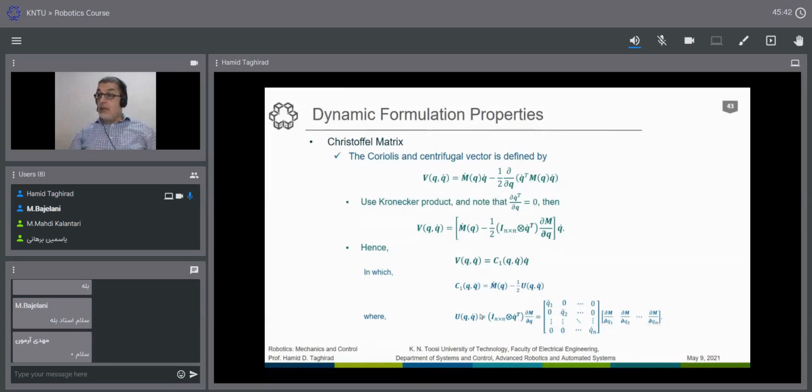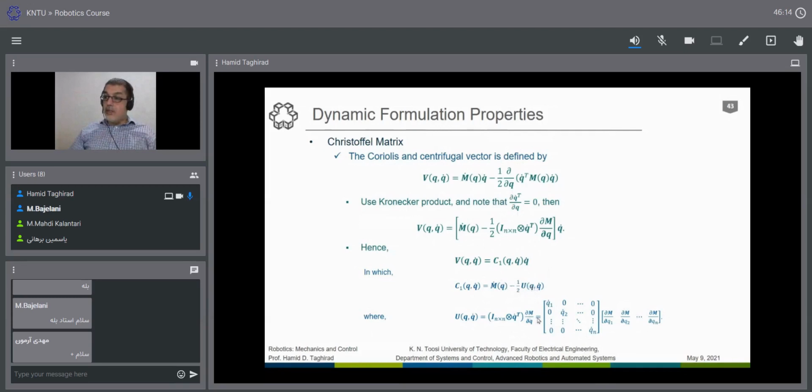Now, the first Christoffel matrix can be found by M dot, the term by term derivative of M with respect to time. This is very easily done. Of course, the calculation might be a bit burdensome, but it can be done usually by hand or by symbolic manipulation.